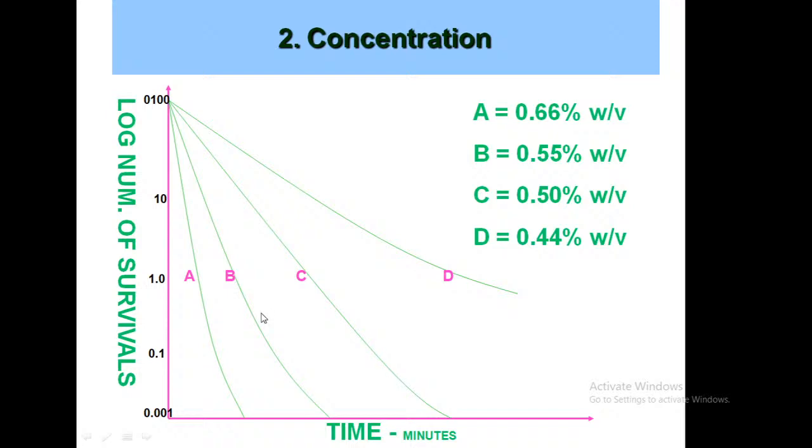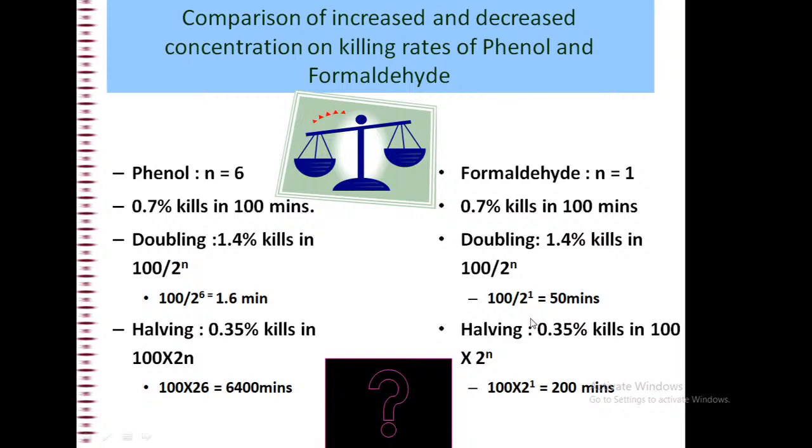So likewise here D has a lower concentration, so the disinfectant action kills the bacteria less as compared to A, B, and C. So, comparing increase and decrease of the concentration for the killing by disinfectants, phenol and formaldehyde.